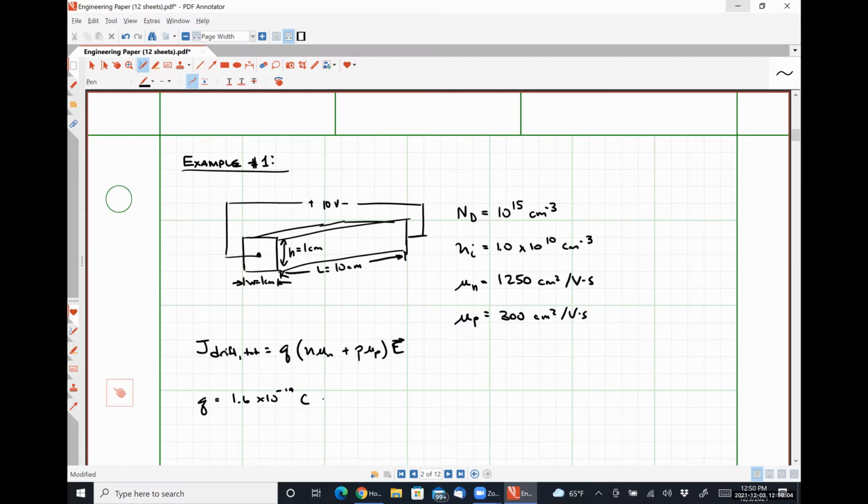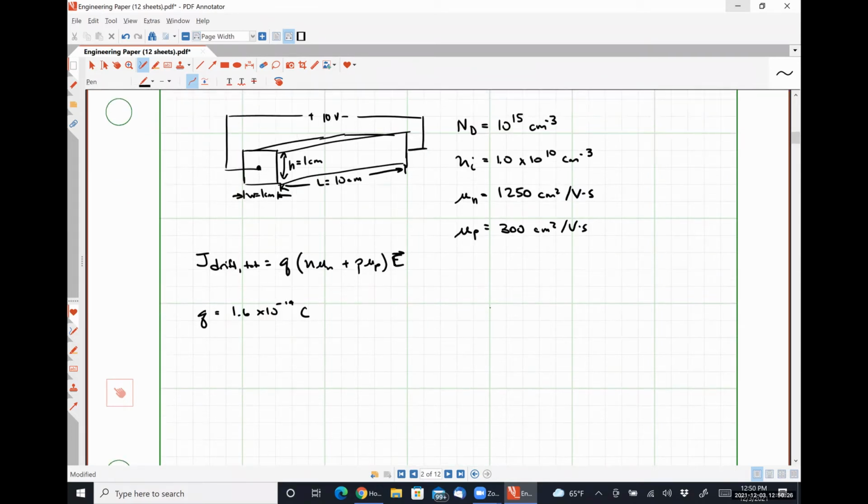So how do we get our electron concentration n based on the information that we're given? Right, from the number of donor atoms. Since ND is 100,000 times larger than Ni, we can say pretty easily that n is approximately equal to ND, or 10 to the 15 electrons per cubic centimeter, right?